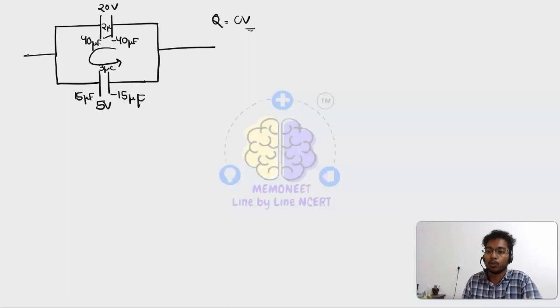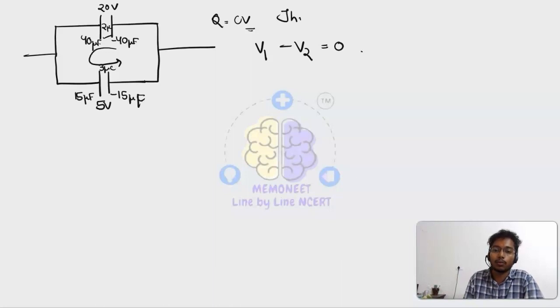So minus 40 microfarad, we are moving from negative to positive. So let's say we take V1, and it is from positive to negative, minus of V2 is equal to 0. So this is according to Kirchhoff law.